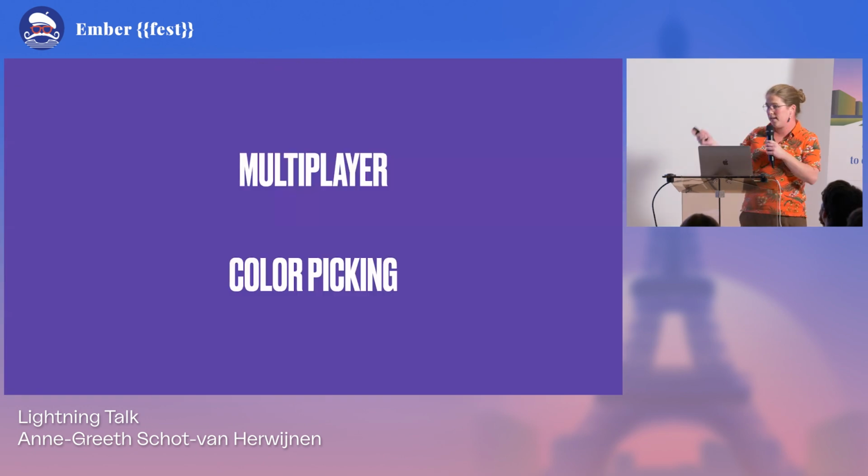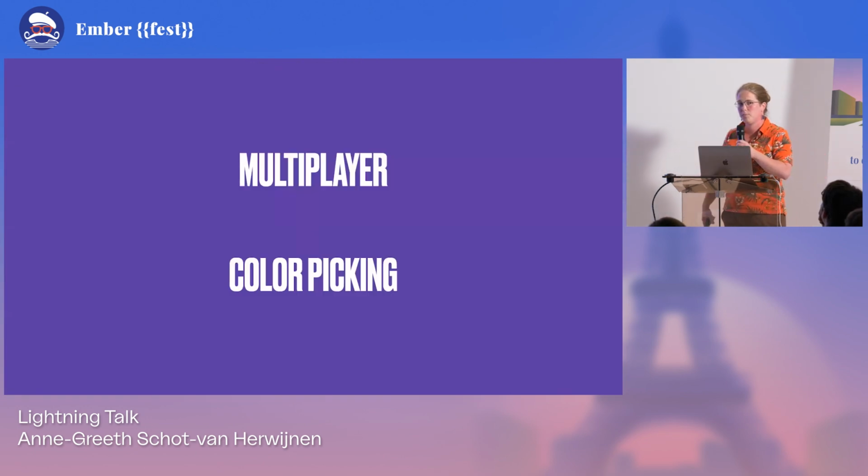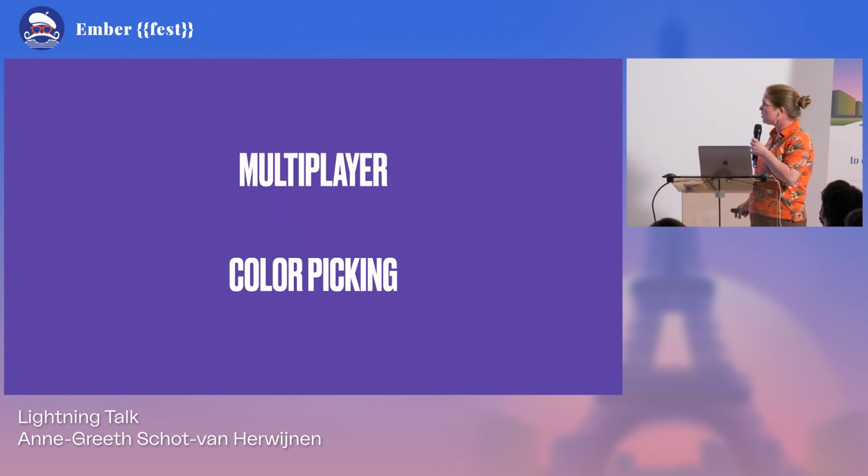So in the future, I would like to make multiplayer, but this runs now on Netlify. So it's now super easy, but with multiplayer, we'll need servers, Redis, everything. So that's not there yet. And the other thing that I really would like to do is for people to pick their own colors.